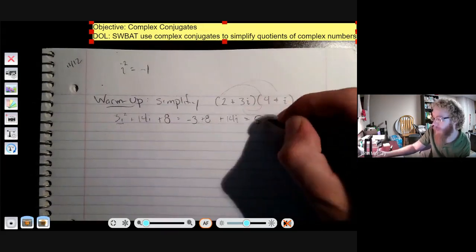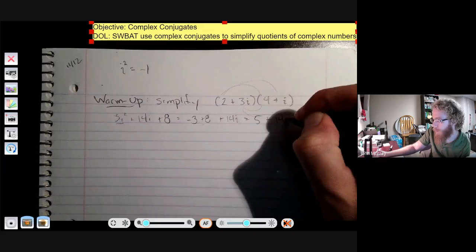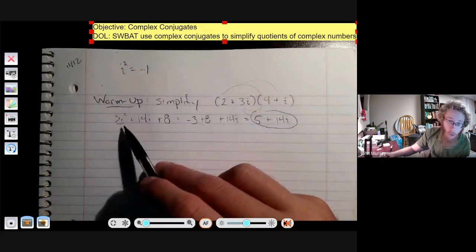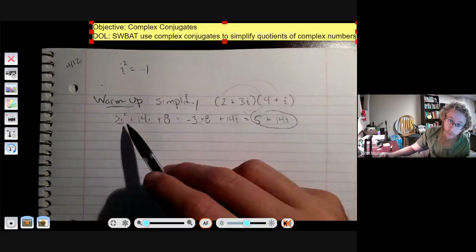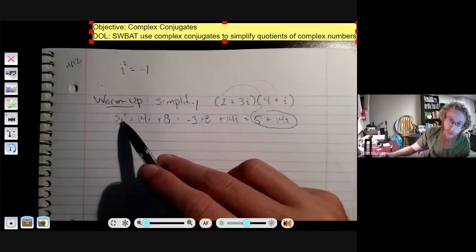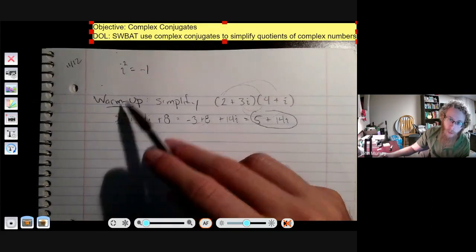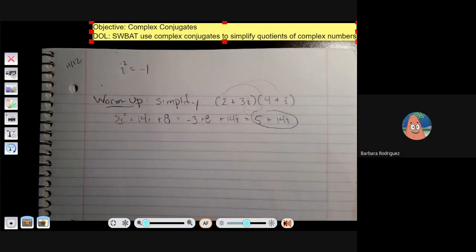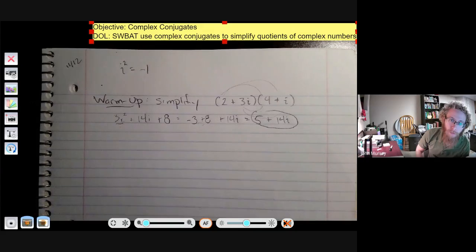The -3 plus 8 gets us the 5 plus 14i. Okay, so good. So you would be correct with this, Barbara. Just make sure that you continue to simplify because the i squared gives us -1. So every time i squared, we always simplify it? Correct, yeah.